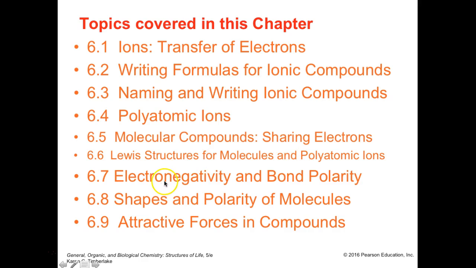Then we will define electronegativity and bond polarity, and based on bond polarity, we'll look at the shapes of molecules. The last topic is the attractive forces in compounds. In this particular video, we'll deal with just the first section, 6.1, the formation of ions.